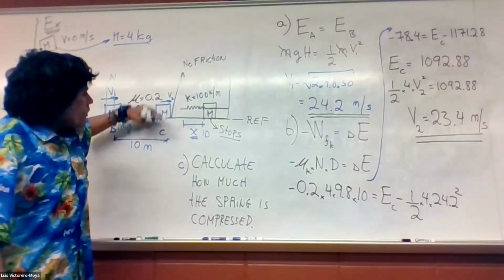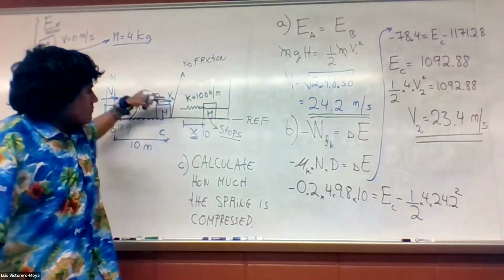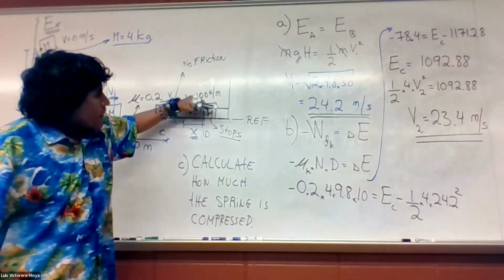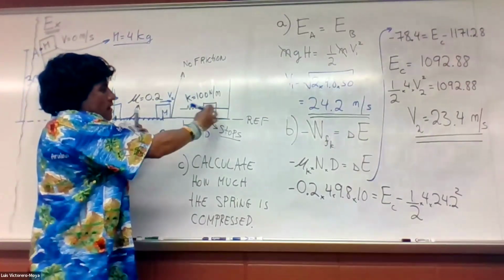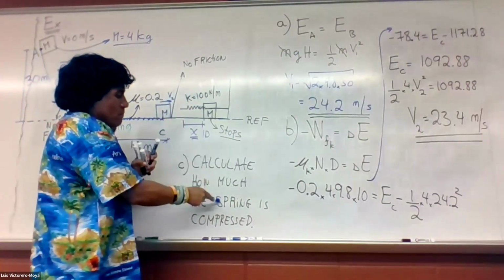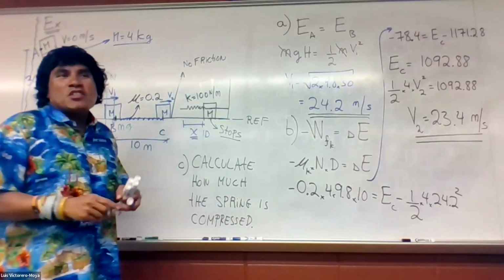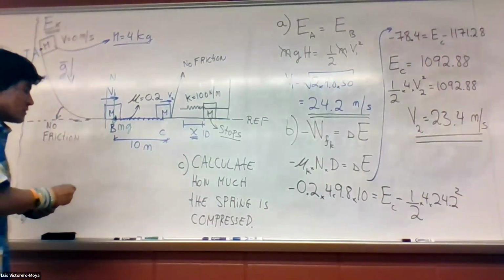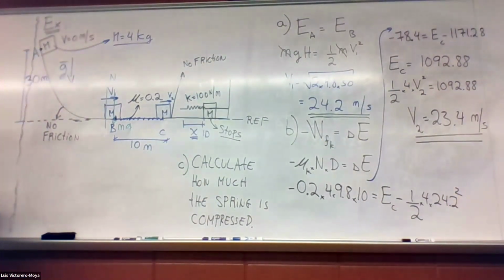And now, again, without friction, it's going to compress this spring. How much? How do you do that? Let's see if you understood the spring thinking. How do you do part C?